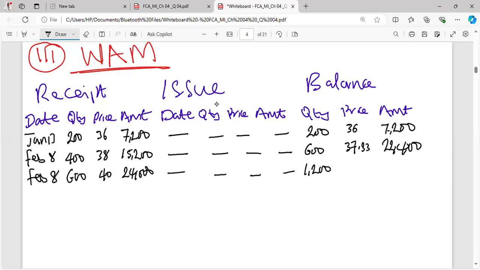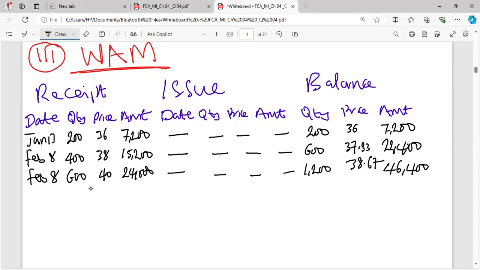And this should be 46,400. Okay, so when we divide 46,400 by 1,200, we get 38.667, so 38.67.